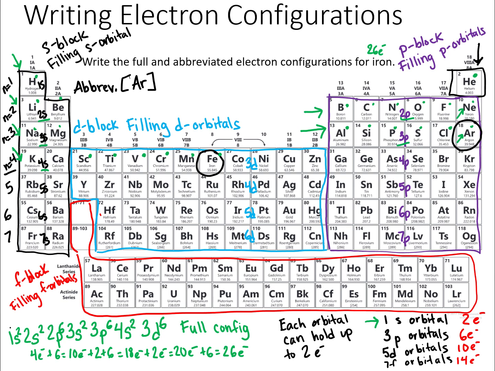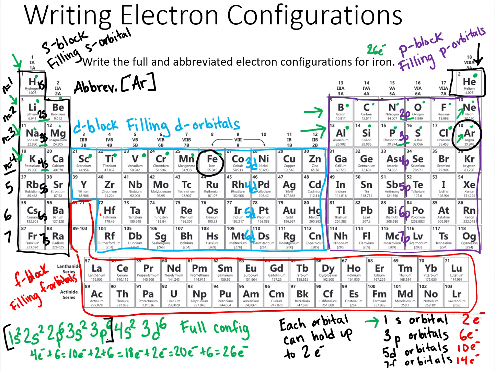And that contains all of that I just bracketed. 1s2, 2s2, 2p6, 3s2, 3p6. All of that is argon. So instead of writing it all out, we can write argon in brackets, and we know what that means.